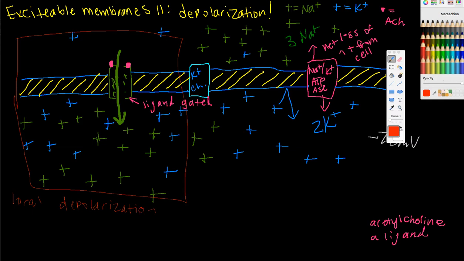So over here, things are still in negative 70 millivolt land, but perhaps this area of membrane is now at negative 54 millivolts because I've undone some of the charge separation between the sides.